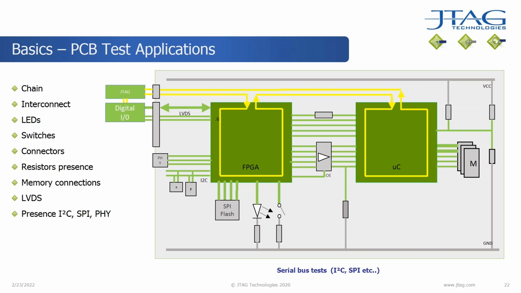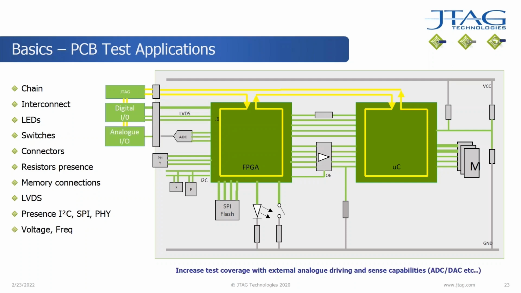So some sort of functional testing in a way. And additionally, there are modules available in the market that allow you to monitor analog signals via boundary scan. So specific modules that have been built to take analog measurements, frequency measurements, and that kind of thing. And that obviously increases the scope of the test capability as well.